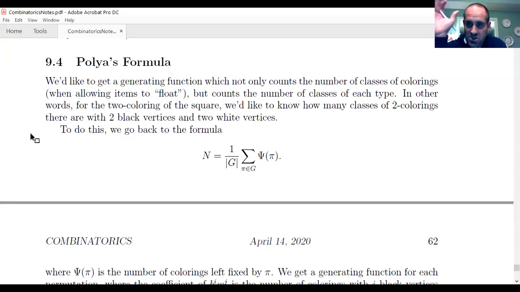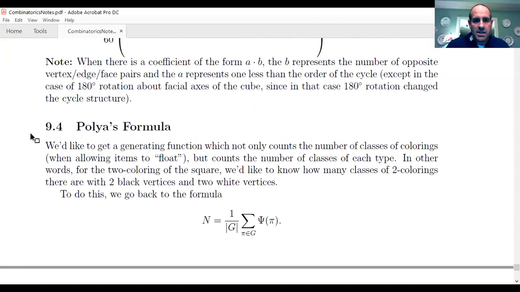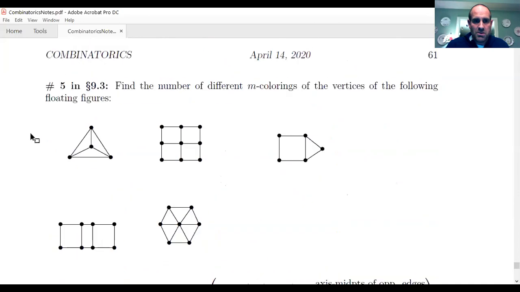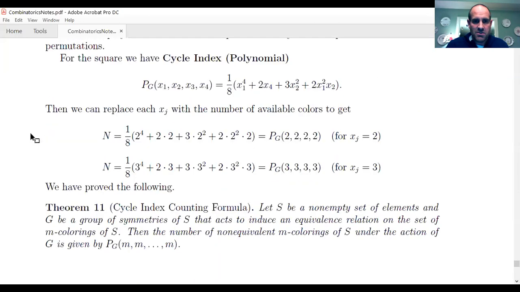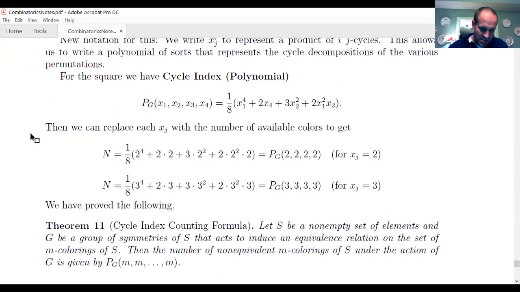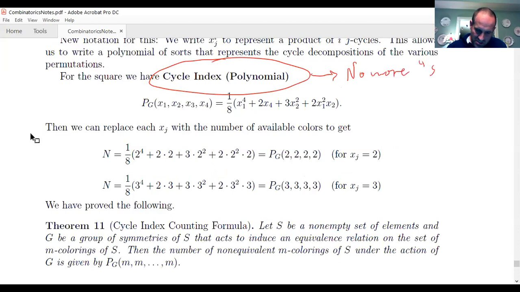But in terms of specialized colorings, that kind of goes out the window. Okay, so let me just go up here to the cycle index polynomial stuff. And let me just say, for cycle index polynomial, no more specialized, restricted colorings.